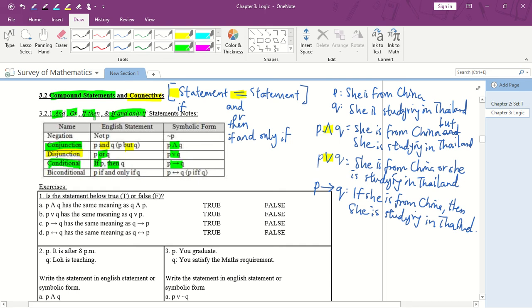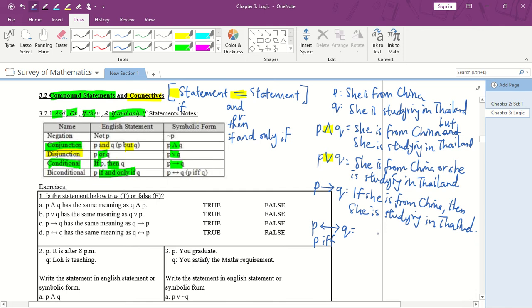And the last one, we use the words if and only if, with the sign of a double-way arrow. Just one arrow but with a double-way sign. So P and a double-way arrow Q, or you can also use P IFF Q. IFF means if and only if.